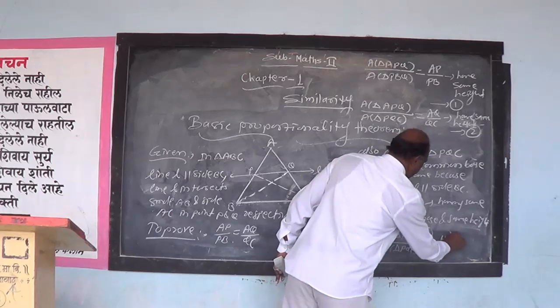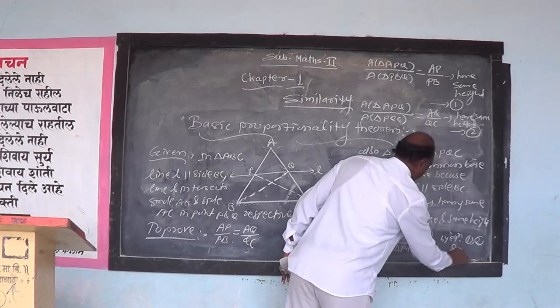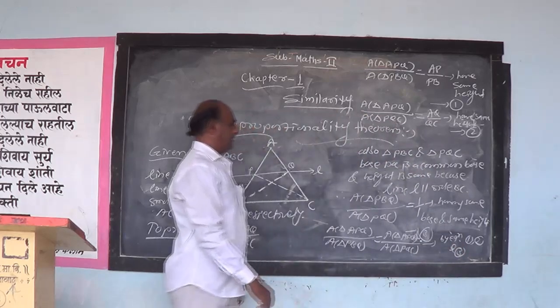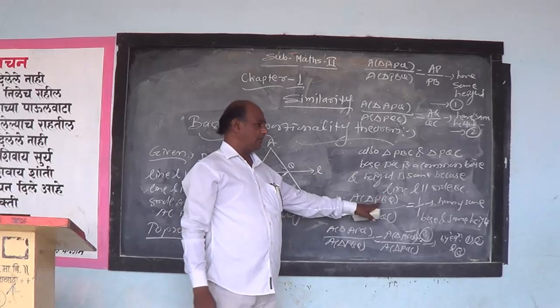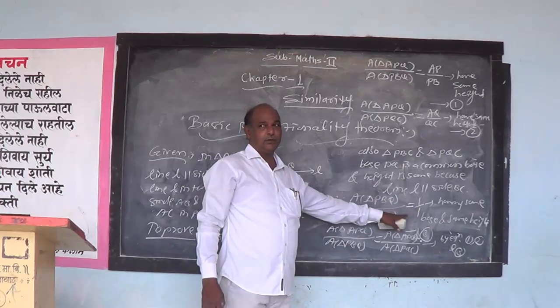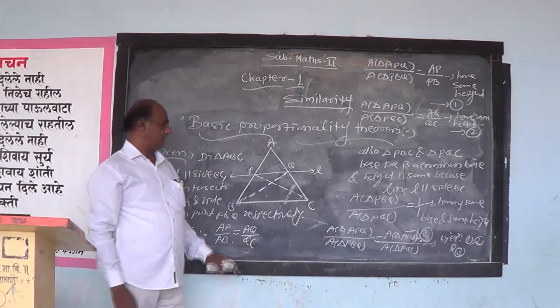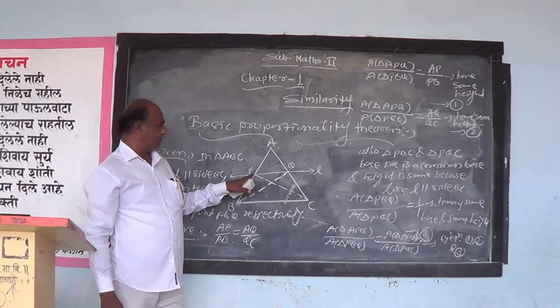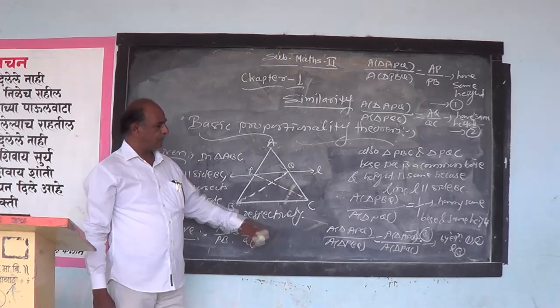We get this relation because area of triangle PBQ upon area of triangle PQC is equal to 1 upon 1, meaning the areas of triangle PBQ and triangle PQC are the same.